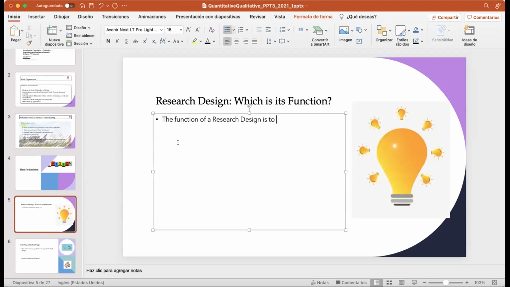Yes, of course, it is to provide direction and organization to the study, to know what you're going to do. Organization to the study. And therefore, by organizing this research design, you know what you're going to do.